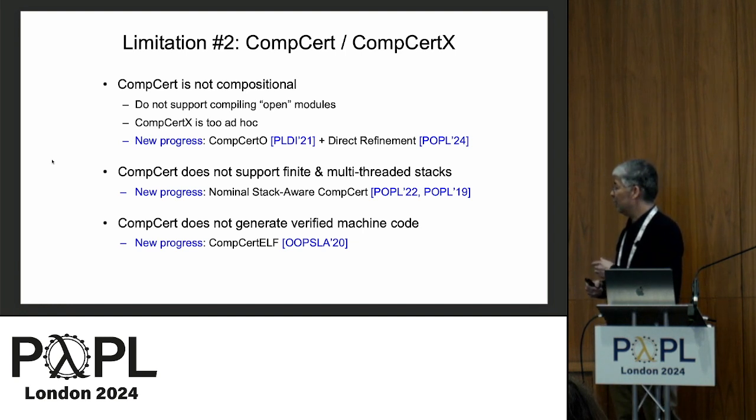And on Friday, my colleague Yiting will present a paper on how to extend CompCertO with direct refinement, so that you can talk about the relationship between the source C program and the target assembly with a clear mapping from the source memory to the target memory.